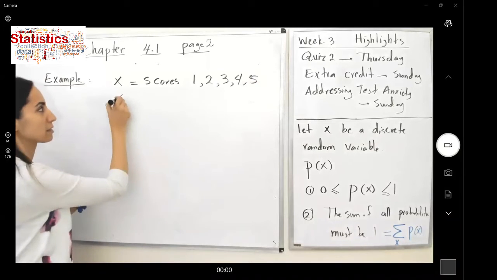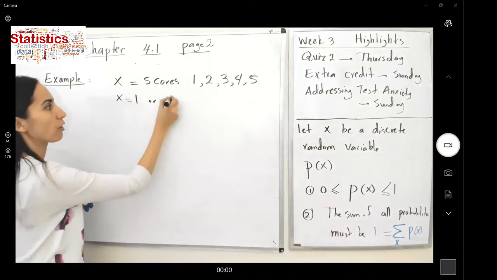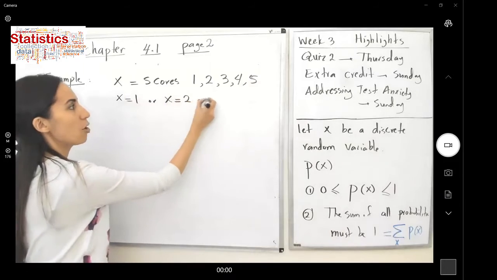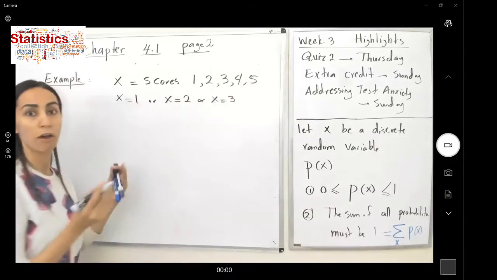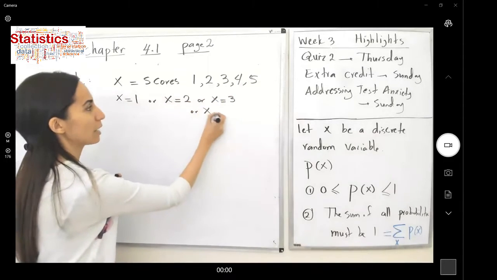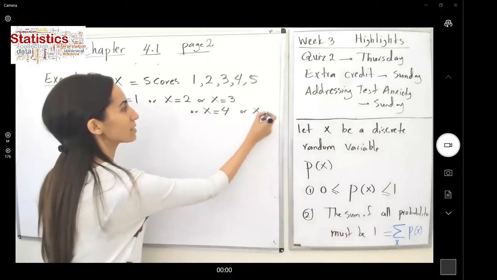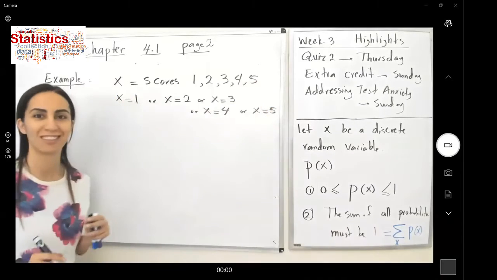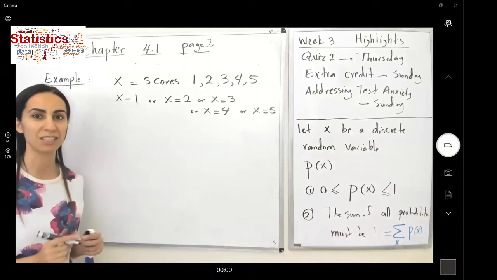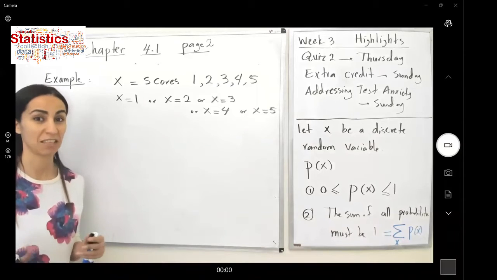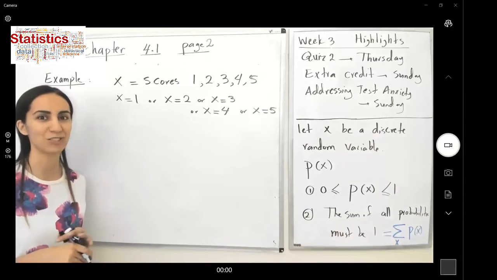So X can be 1 or X can be 2 or X can be scored 3 or X can be scored 4 or X can be scored 5. First of all, is it discrete? Is it countable? How many counts do we have?